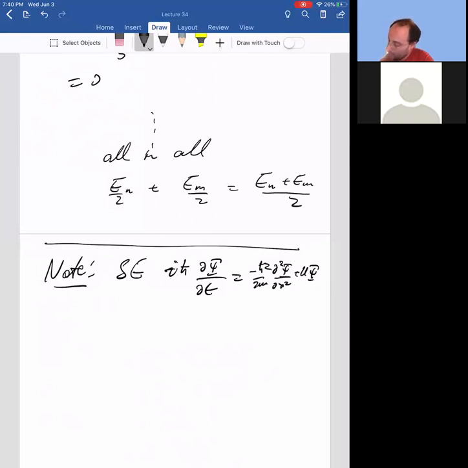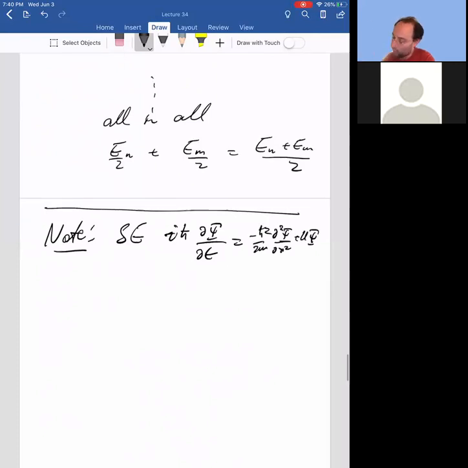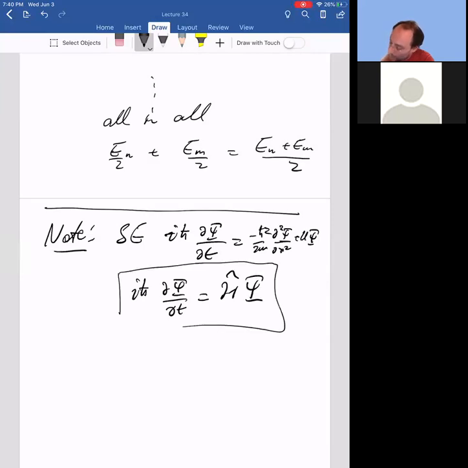And you say, oh, I know how to write this simply. This is just i h bar times the time derivative of the wave function equals the action of the Hamiltonian operator on the wave function. So the entire quantum mechanics is encapsulated in this formula right here. This is your Schrodinger's equation.